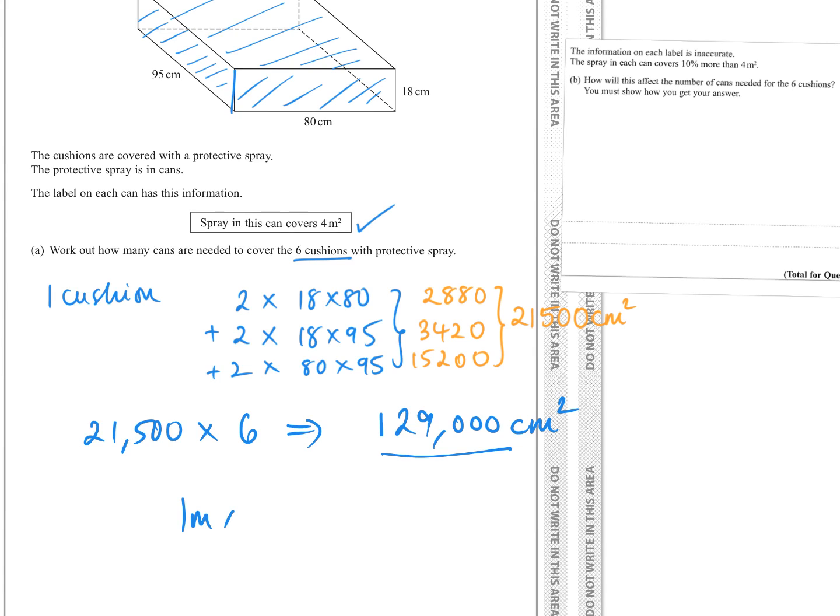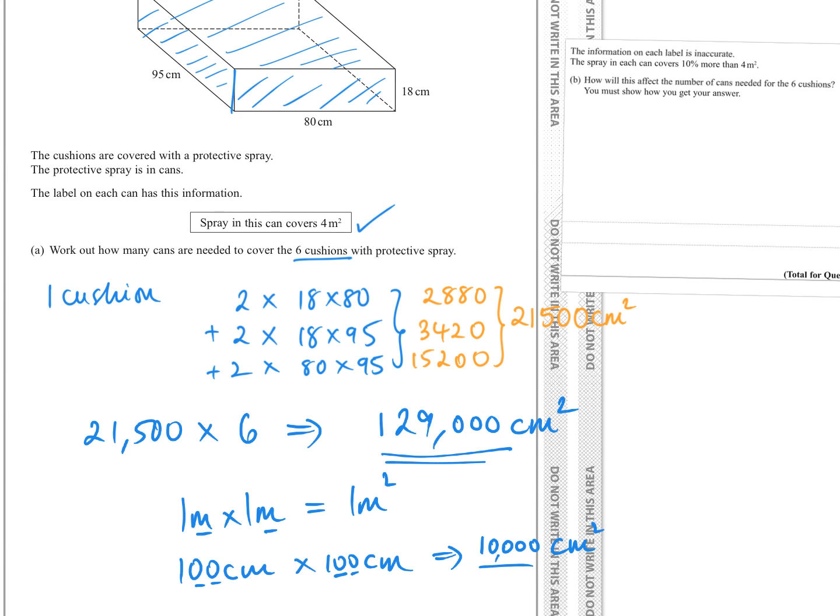But how do I change that into metre squares? Well, 1 metre times 1 metre is 1 metre square, and because we've got metres times metres, 1 metre is 100 centimetres, and that would give me 4 powers of 10 centimetre squares. So that's 10,000.